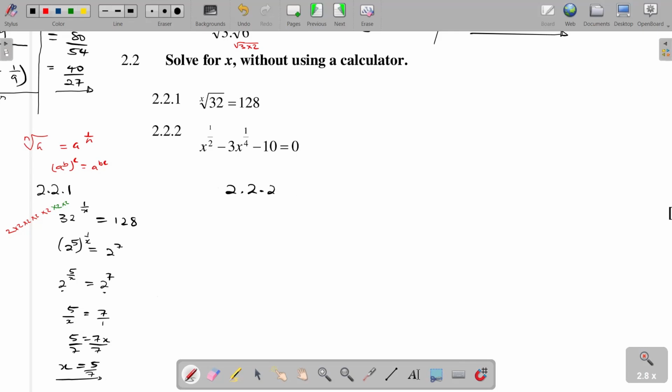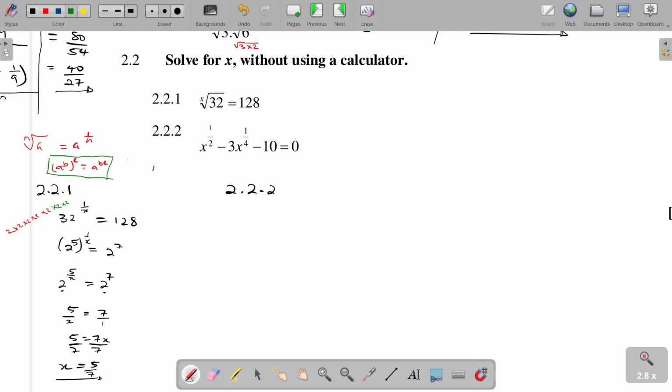2.2.2. So that one, we are having that. If we check the first term, we can apply this law because our exponent, a half, can be written by applying this rule.